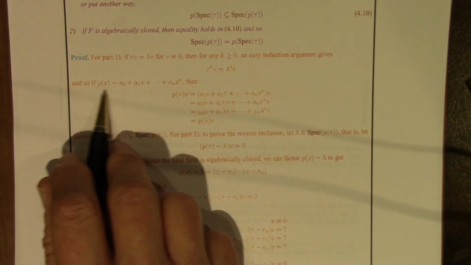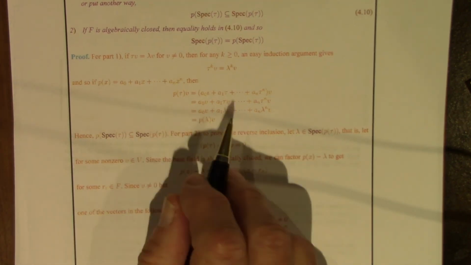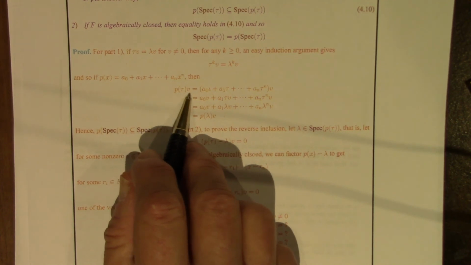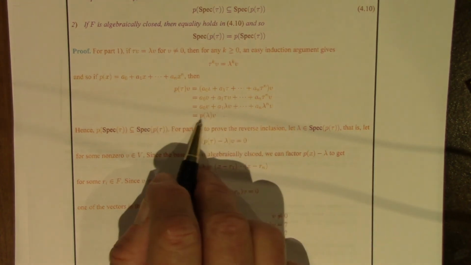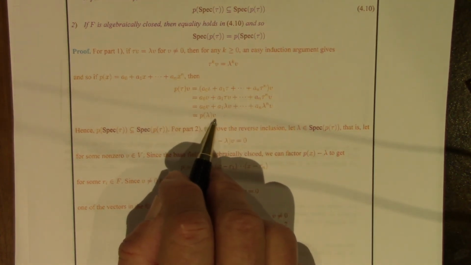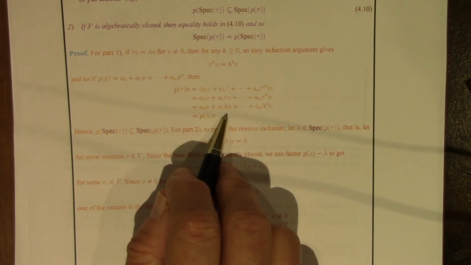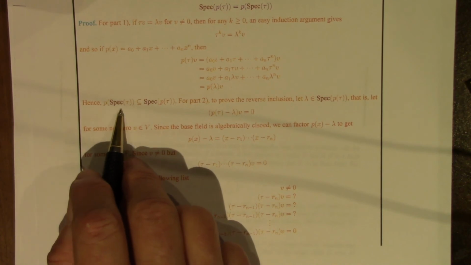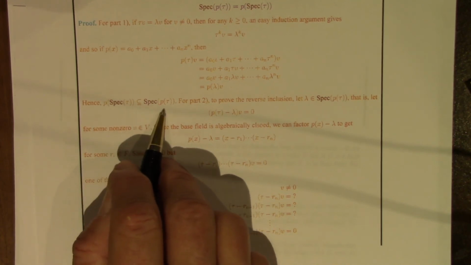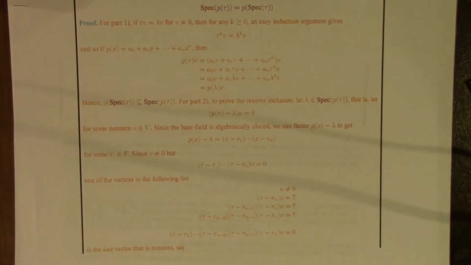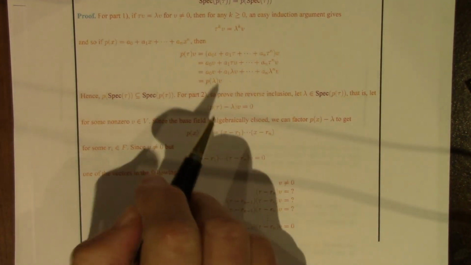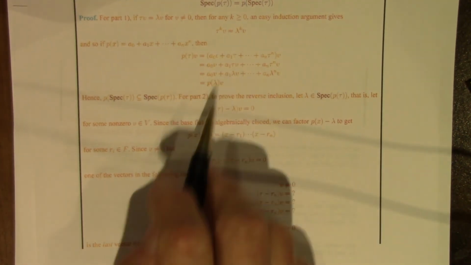And so if P of X is any polynomial, P of tau V is equal to P of lambda V. This is just basic algebra. So P of the spectrum of tau is contained in the spectrum of P of tau. That's very simple algebra.